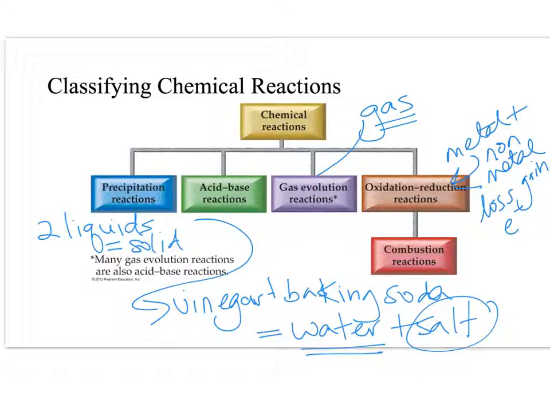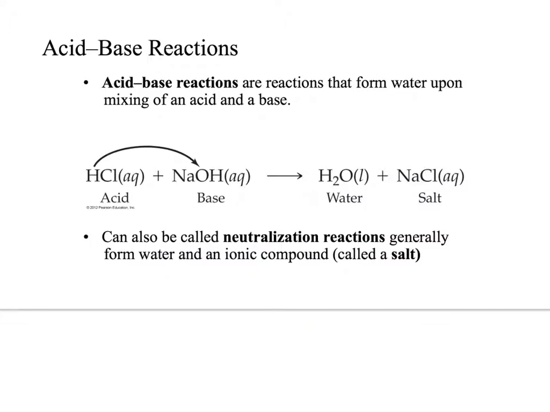And combustion reactions are a subset of these oxidation and reduction reactions, and they're always going to involve oxygen as a reactant. So as we've already looked at precipitate reactions in detail, let's move on to acid-base reactions.